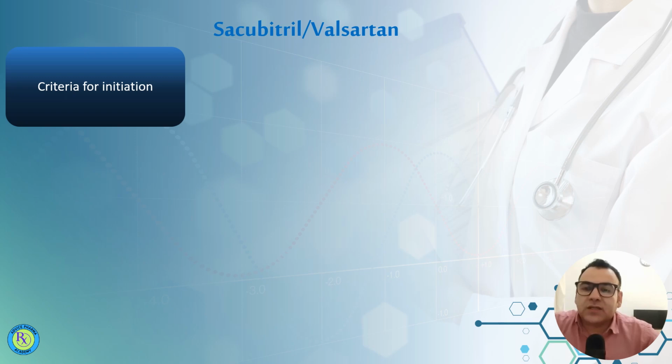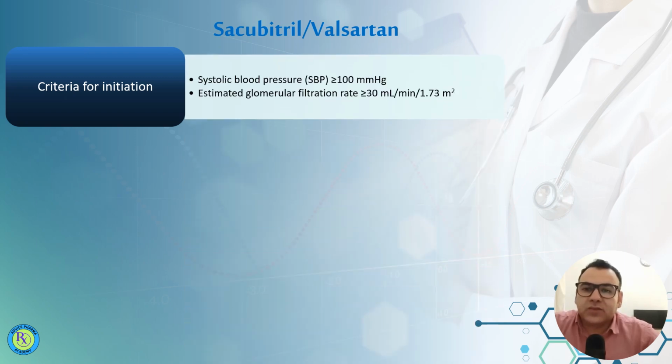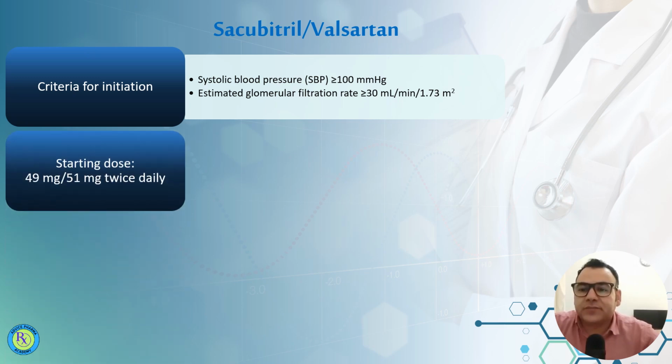So what are the criteria for initiation? The patient needs to have a systolic blood pressure of more than 100 millimeters of mercury, because it usually causes hypotension, and also eGFR should be more than 30 ml per minute due to kidney injury caused by the valsartan.